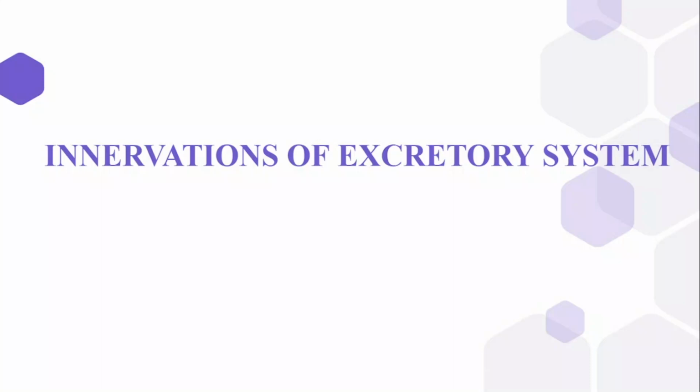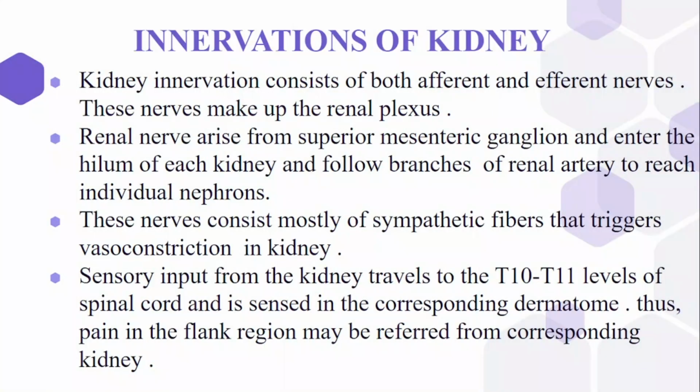Now we are coming to the innervation of the excretory system, or nerve supply. Kidney innervation consists of both afferent and efferent nerves. These nerves make up the renal plexus. The renal nerve arises from the superior mesenteric ganglion and enters the hilum of each kidney and follows branches of the renal artery to reach the individual nephrons.